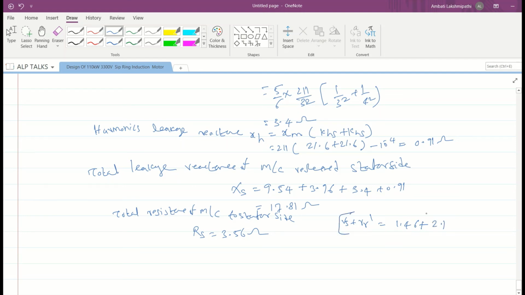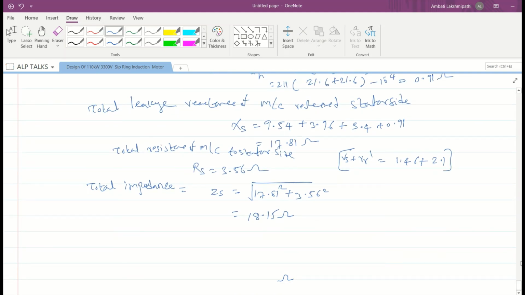This is the way we calculated this Rs. So total impedance Zs is nothing but the square root of reactance square plus resistance square, with resistance 3.56 whole square. So we will get this value as 18.15 ohm.